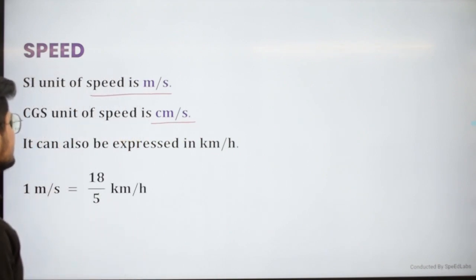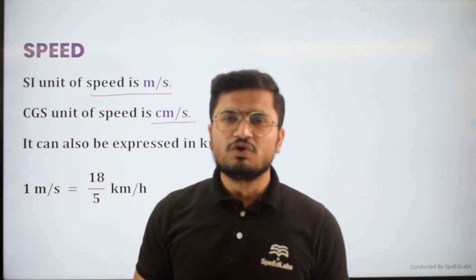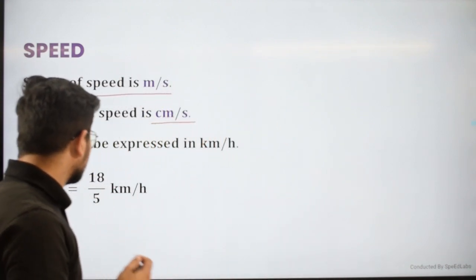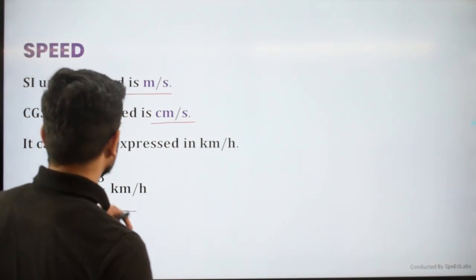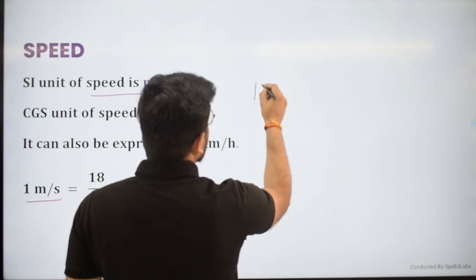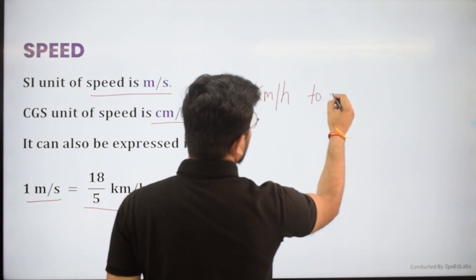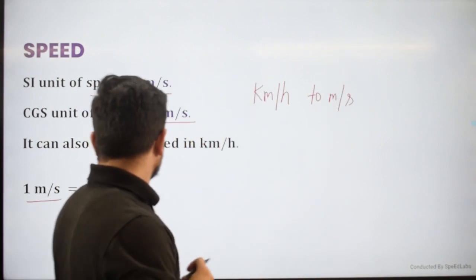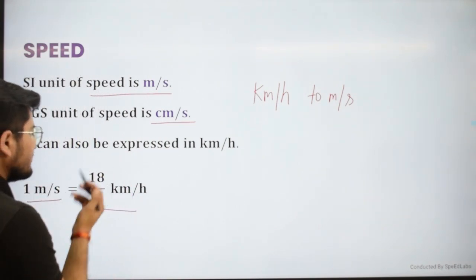Now one more thing you should know: conversion from kilometer per hour to meter per second. There is a relation over here. This is a conversion from meter per second to kilometer per hour.